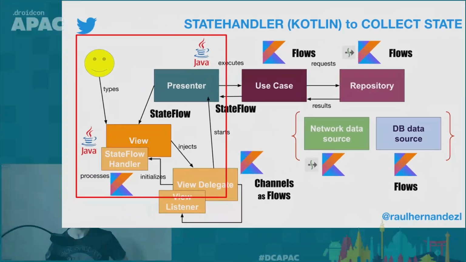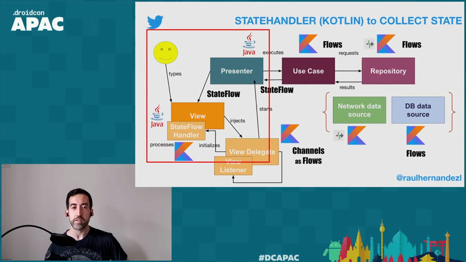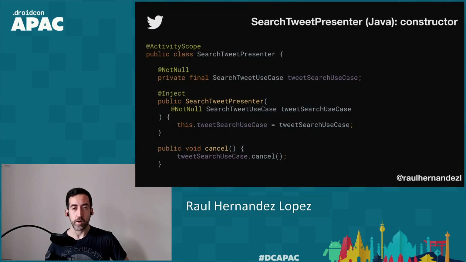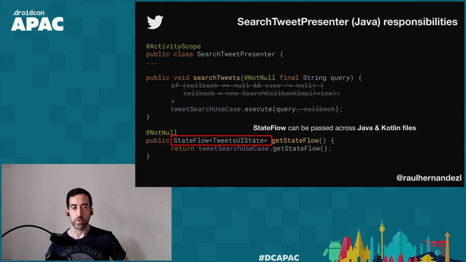Now we go to the state handler, almost the last bit of it. We'll change those things and we'll make sure that the StateFlow handler is going to collect our results. So we are almost finishing. SearchTweetsPresenter contains the use case, the contract that's in Java, and the cancellation of the use case here as well. Cool, so we have the searchTweets method with the query being passed.